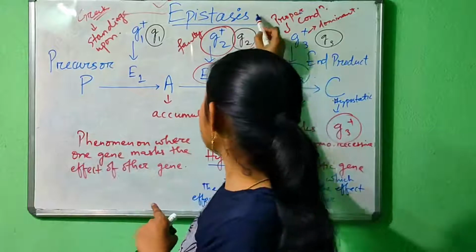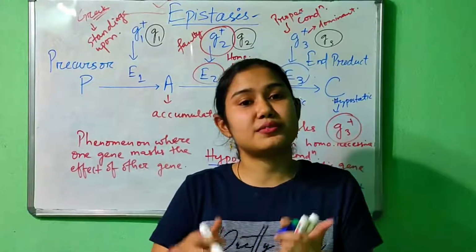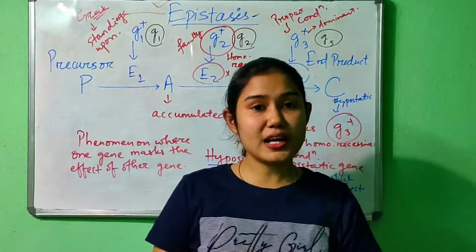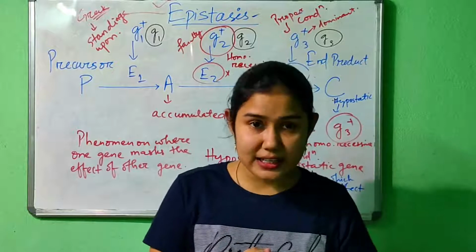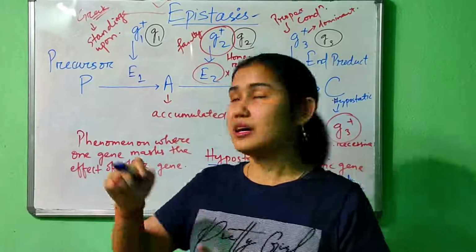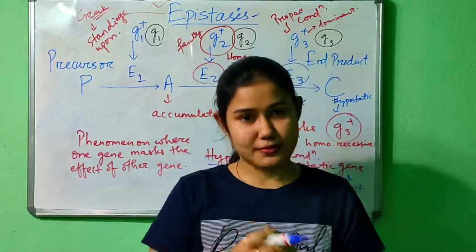But in case of epistasis, one gene is masking the effect of the other gene. So in dominance, we say an allele is masking the effect, but in epistasis, a gene is masking the effect.